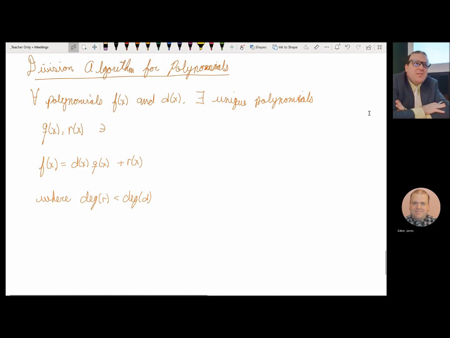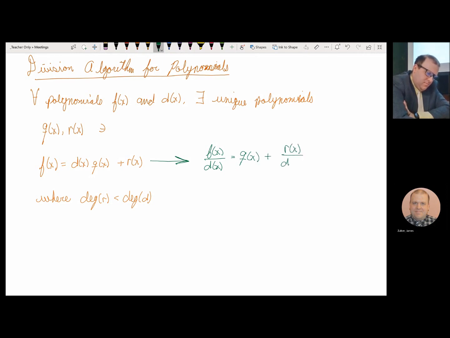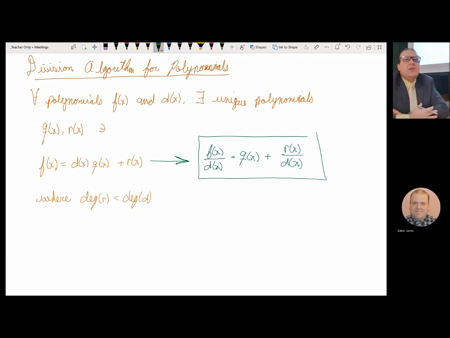With a bit of manipulation, we can rewrite the division algorithm. This is how you would simplify a rational function.